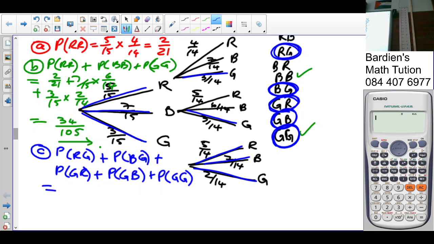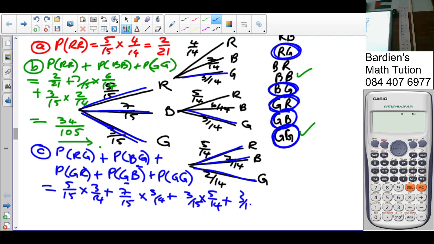So red-green is 5 over 15 times 3 out of 14 plus blue-green, sorry, I'm looking at blue-green, is 7 out of 15 times 3 out of 14 plus 3 out of 15 times 5 out of 14 plus 3 out of 15 times 7 out of 14 plus 3 out of 15 times 2 out of 14.